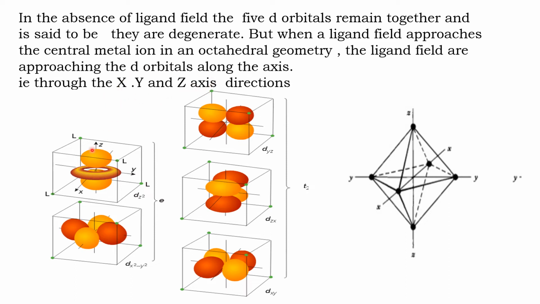Hence, the dz square and dx square minus y square, which have the electron density along the axis, have maximum repulsion, while these three orbitals have minimum repulsion. Got it? Take down.